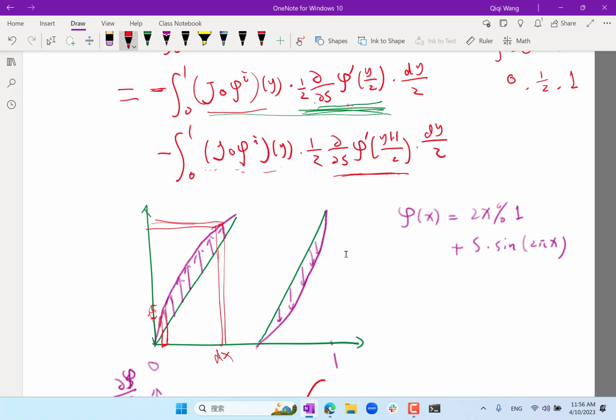And think about what this whole perturbation is doing. It is essentially decreasing the density on the lower half of the y range and increasing the density at the upper half of the y range. So this actually is moving some of the mass from this range into that range.